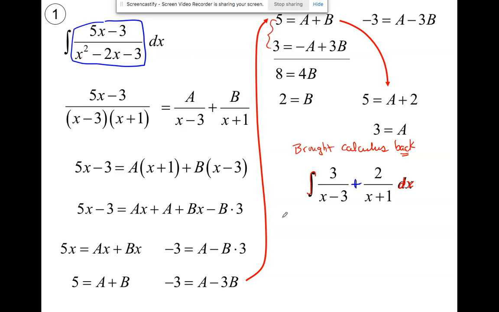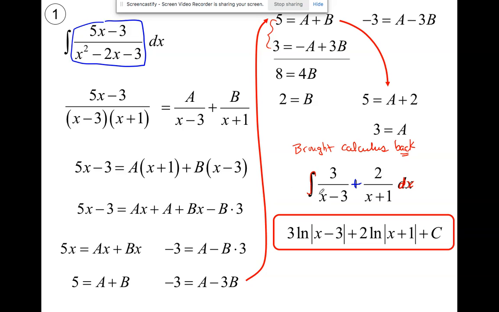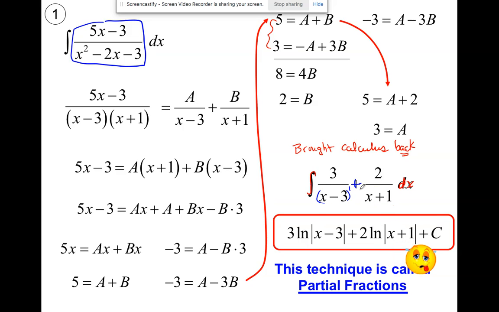What is the integral of a sum, though? The sum of the integrals. This is stuff to the first power. And there's my antiderivative. If you don't believe me, what can you do? Take the derivative of this. You'll get separate fractions, and then you can combine them together.